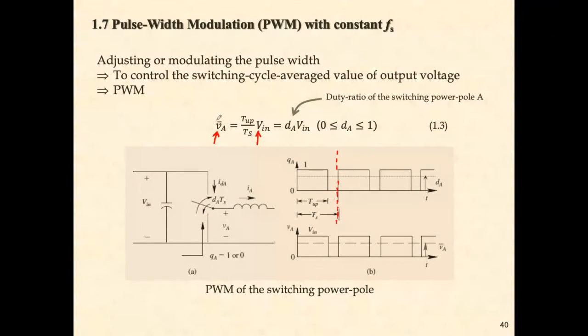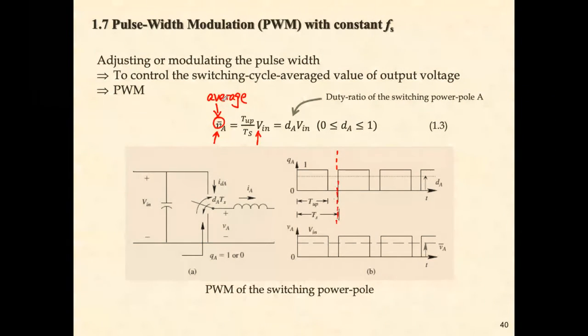Here, VA average is quite different from this one. For this one, there is a bar on top of the VA, so this is the average value. Small VA is the variable, but with this bar, it is the average.